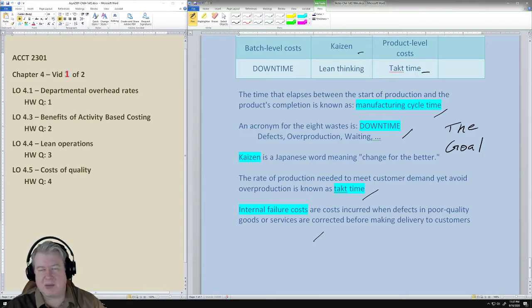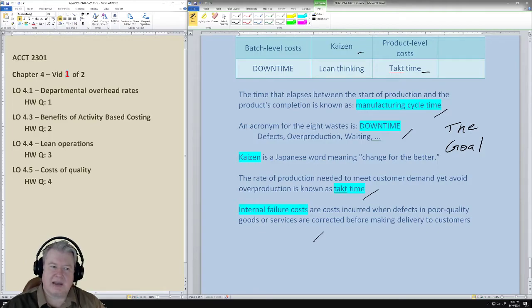You're still wasting money there, but at least with external failures, those are the ones that the customers find out and return to you. You lose brand recognition and you have to take those things back. So those are really bad costs. Any failure costs are bad, but internal failures are where you'd like to find it, rather than having your customer come tell you, oh, this thing failed.